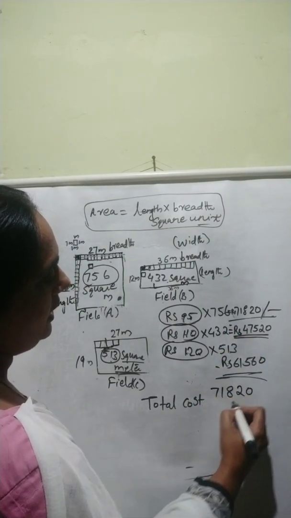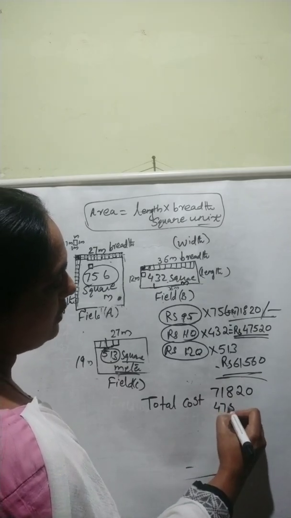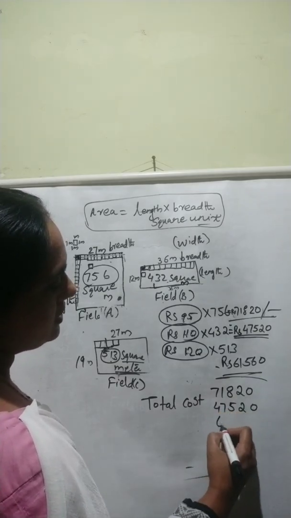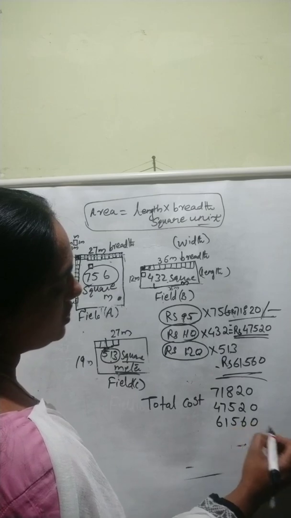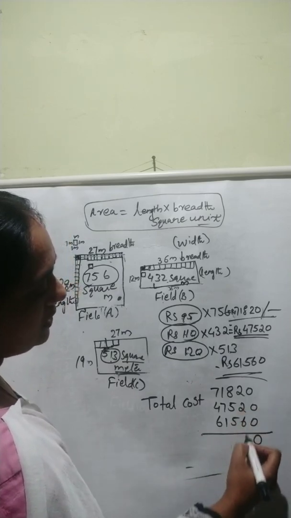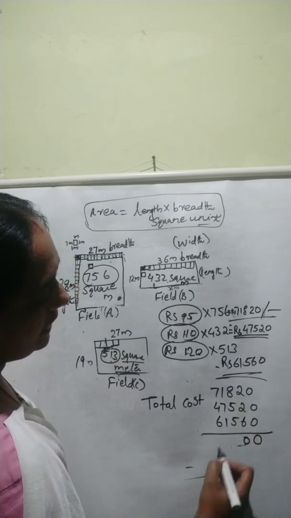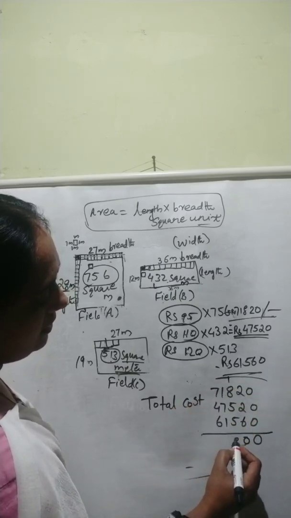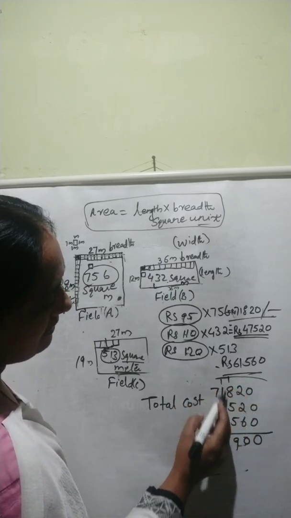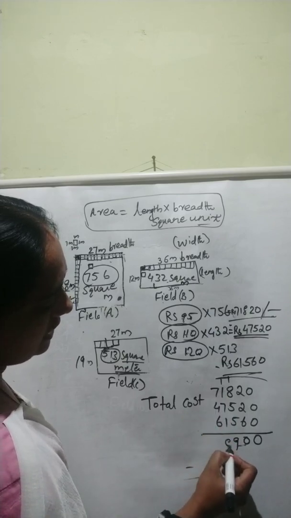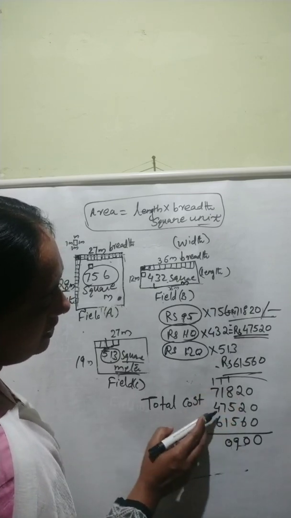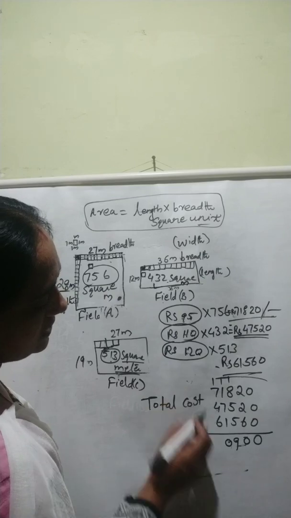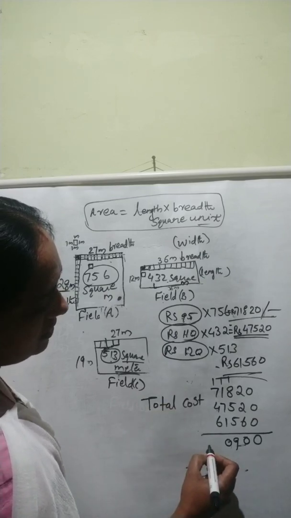71,820. Then next 47,520. Next 61,560. Okay. 0. Then 10. 1 will be there, the 5 plus 5, 10. 10 plus 9, 19. Again 1. 7 plus 3, that is 10. Then 1 will be there. Here that is 10. 10 plus 8, that is 18.